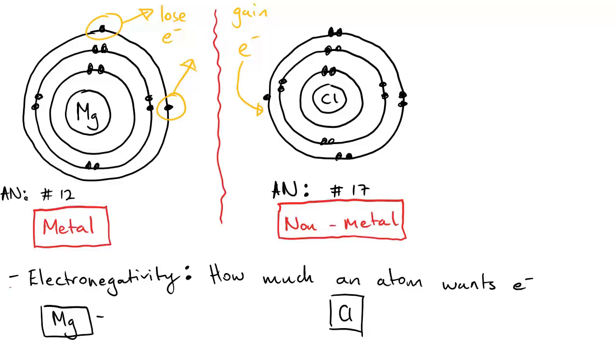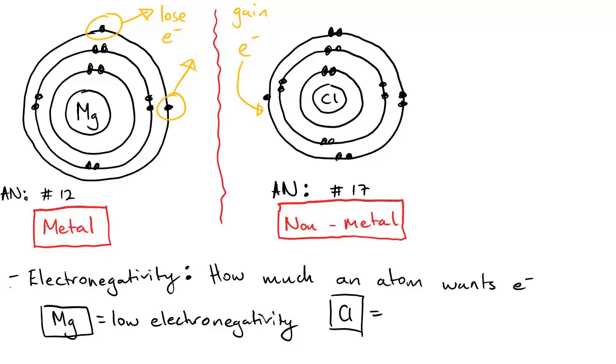So magnesium will actually have a low electronegativity. Its desire for electrons is very low. I mean, it doesn't want electrons, it wants to lose electrons.